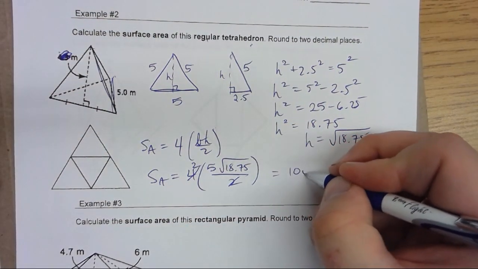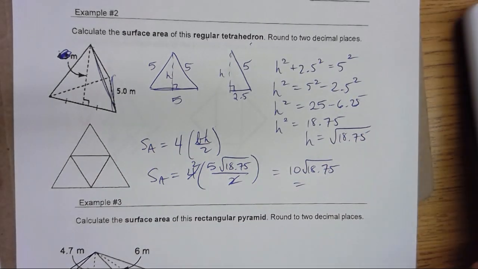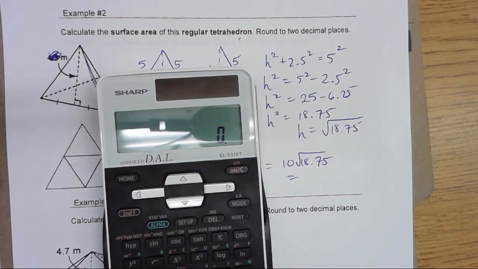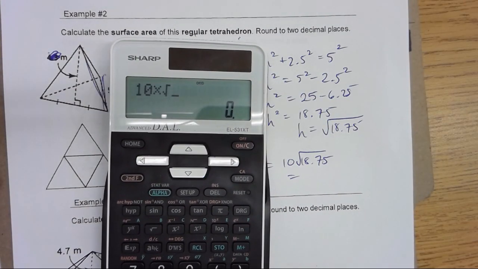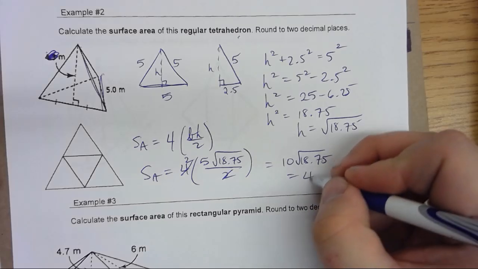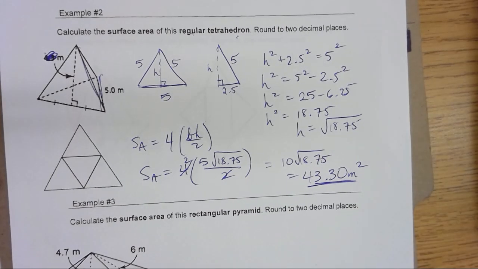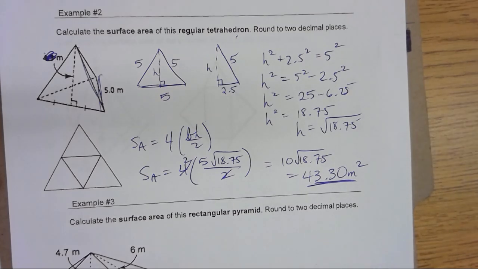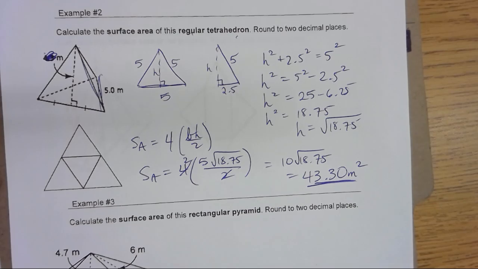So I'm looking at 10 root 18.75, which works out to 10 times square root 18.75, 43.30 meters squared.